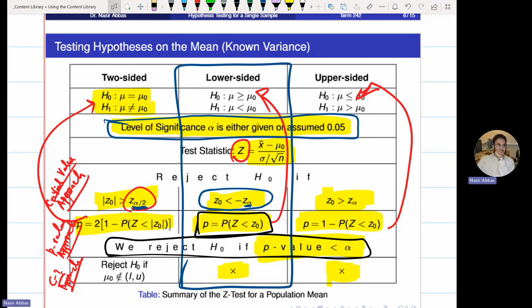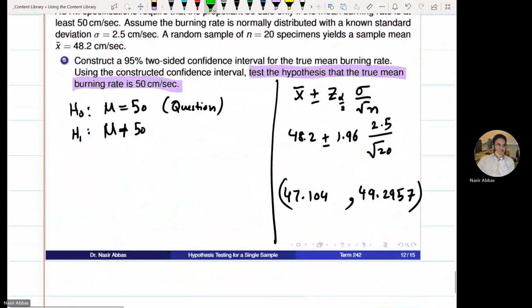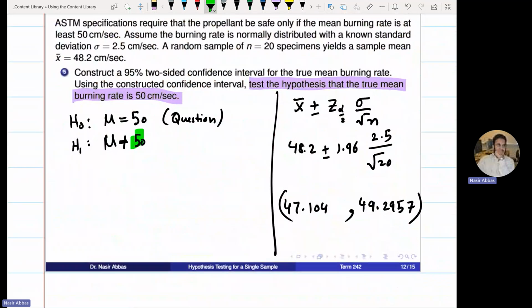Now, my question is, read this one. This approach says that we will reject H naught depending on whether the value of mu, 50, that we are testing in our hypothesis, belongs to the interval or not. So go back to the question and check here. Does this value 50 belong to this interval or not?